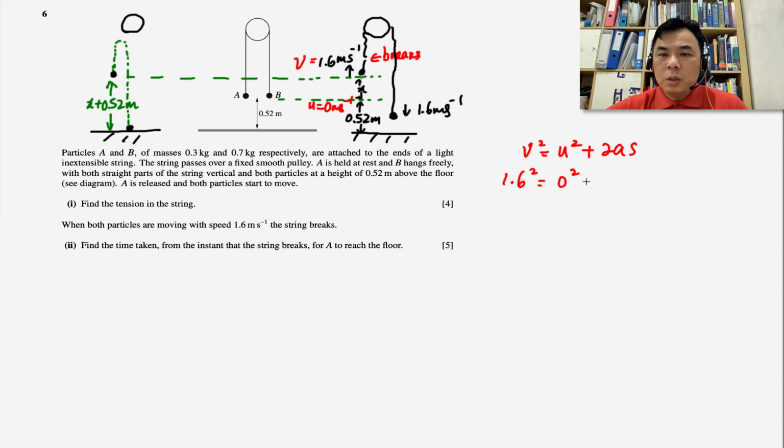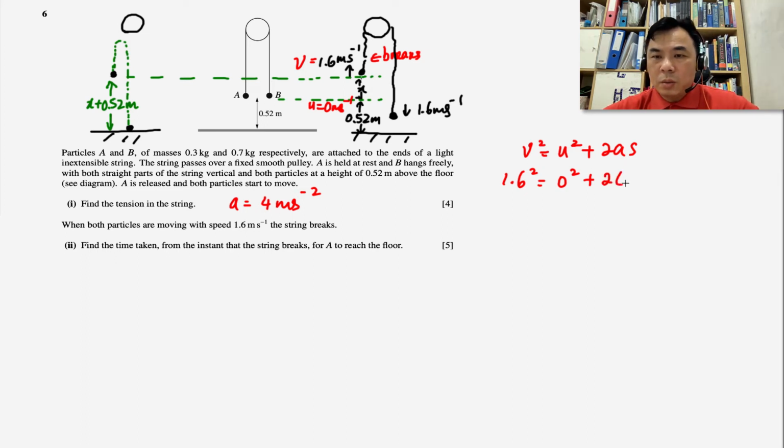The u is 0. Acceleration, we make the assumption that just before the string breaks, its acceleration is the acceleration that we found just now, which is 4 meters per second squared. Just let me check one more time in case I remember this number wrongly. Yeah, so it's 4 meters per second squared.